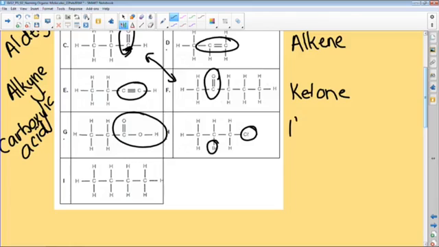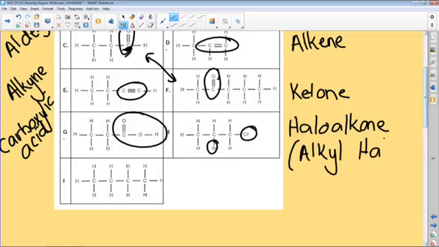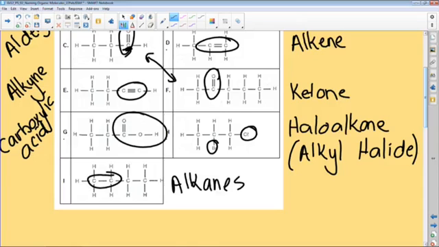So this makes it a haloalkane. Now, just to make sure you're all on the same page as me, some of you might have learned this as an alkyl halide. That's another name for them. It's the same thing, it's just another name. And then for the last one, there's only single bonds, so my last one is alkanes. Okay? We got our functional groups.